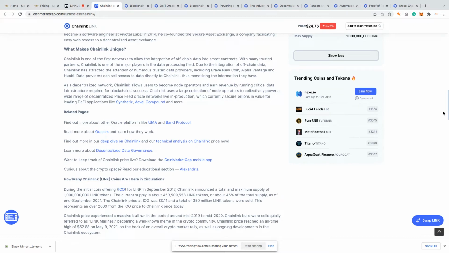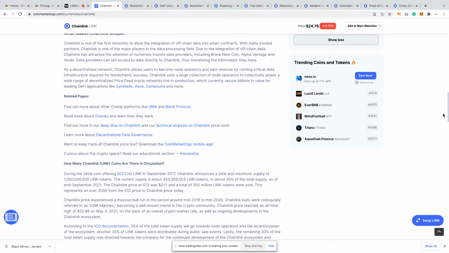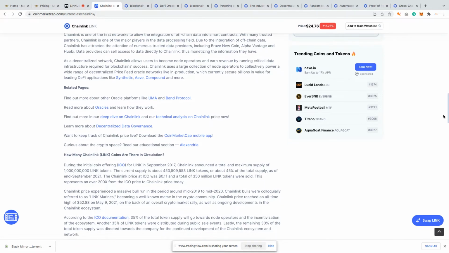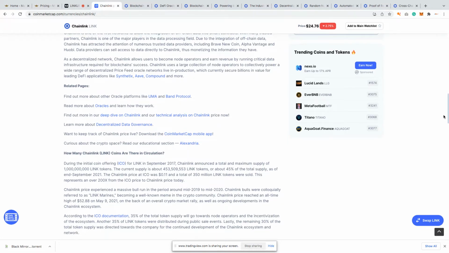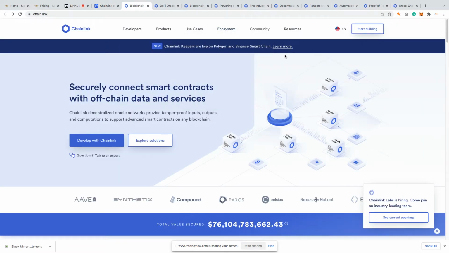Chainlink uses a large collection of node operators to collectively power a wide range of decentralized price feed oracle networks live in production, which currently secure billions in value for the leading DeFi applications like Synthetix, Aave, Compound, and even more.